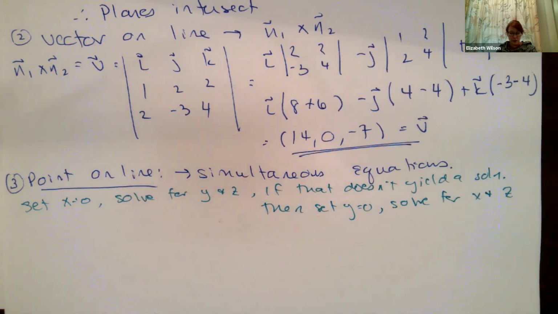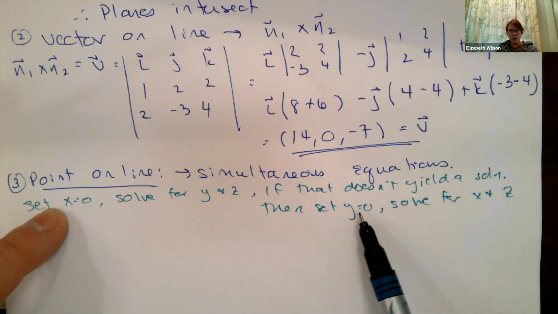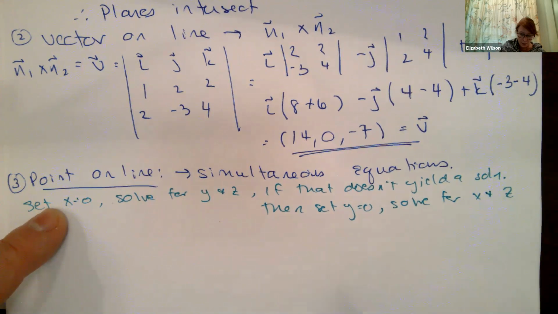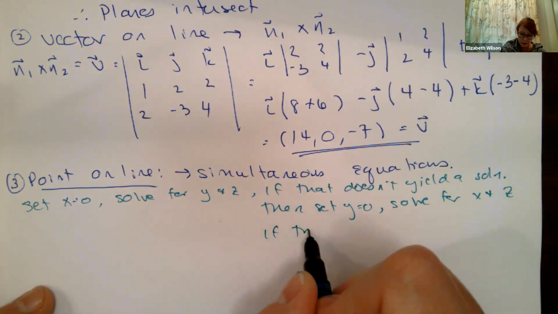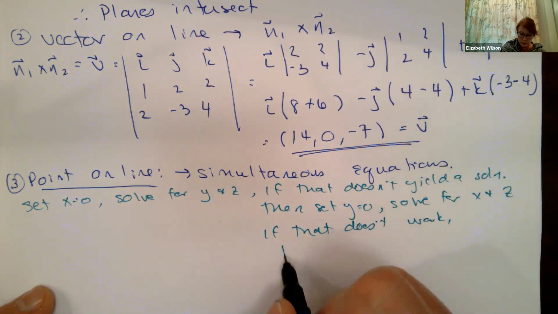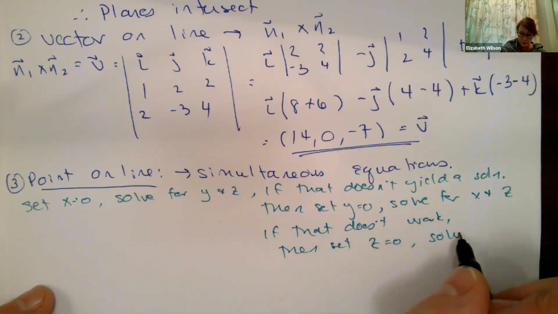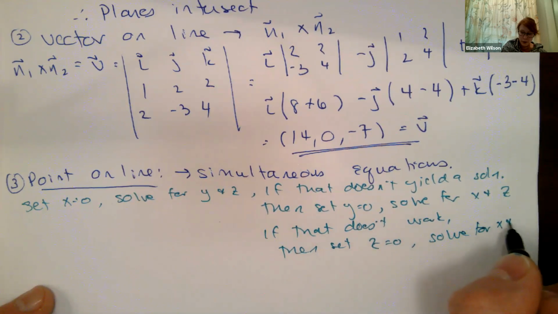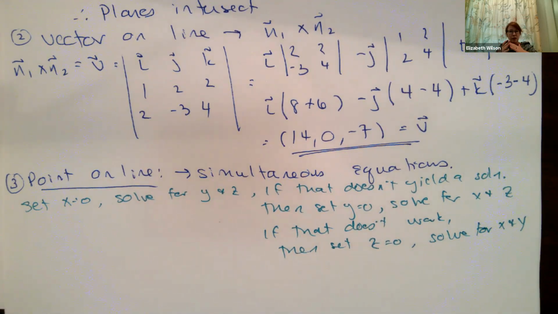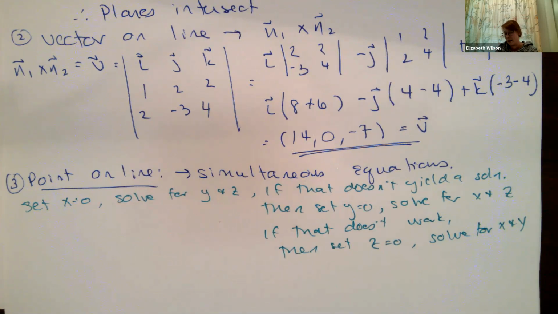So my point would be x, 0, z. And then if that doesn't work, then set z equals 0, solve for x and y. If the planes intersect, you're guaranteed at least one of these 3 will work, okay? Because they have to intersect somewhere, but it may not be with x equals 0. You don't know. You're just going to have to try it.